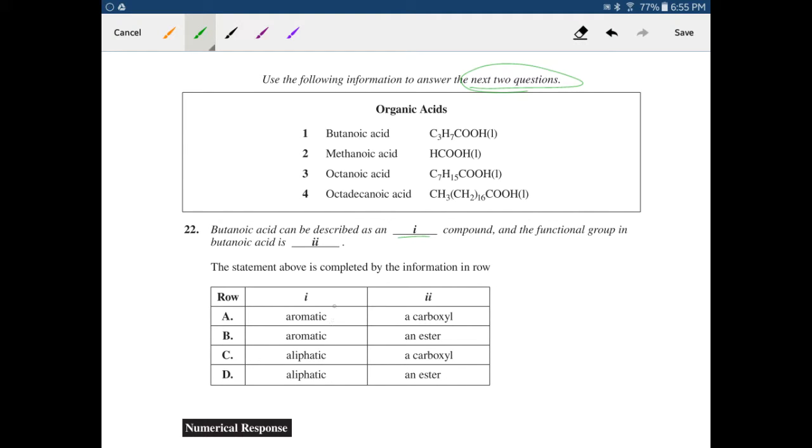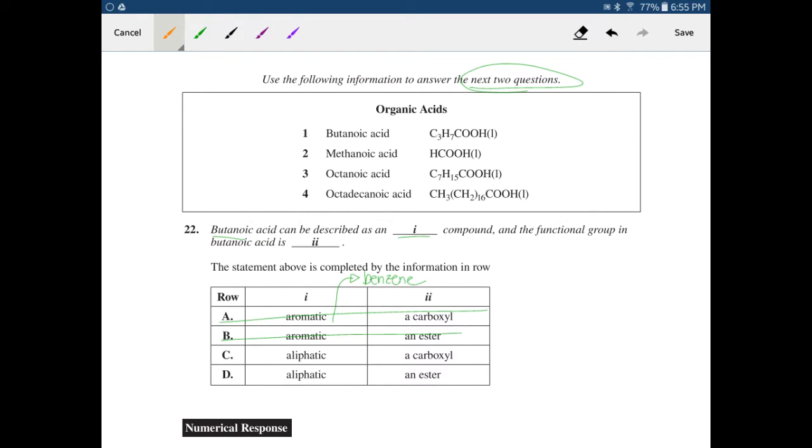Well, in order for a compound to be aromatic, it has to have a benzene ring. Now, because butanoic acid doesn't say benzene and it doesn't say phenyl, we can cross out B and A as possible answers because it is an aliphatic compound.